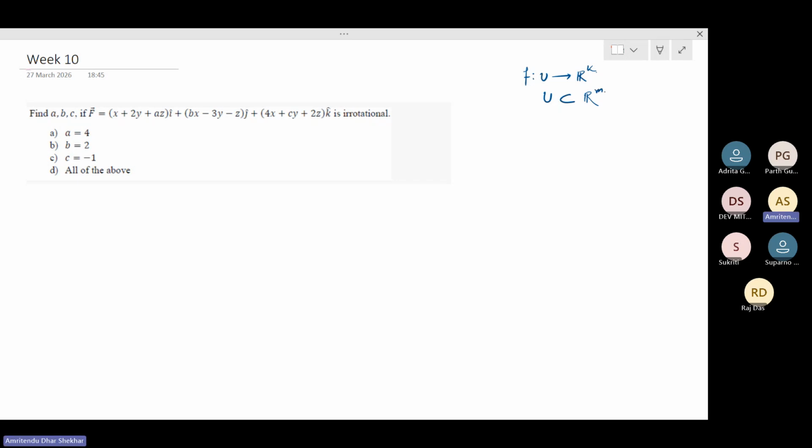This is all very basic stuff, but a function is basically a rule which to each point of U associates, let us for the time being assume that this is R only, not R^k, a scalar value.